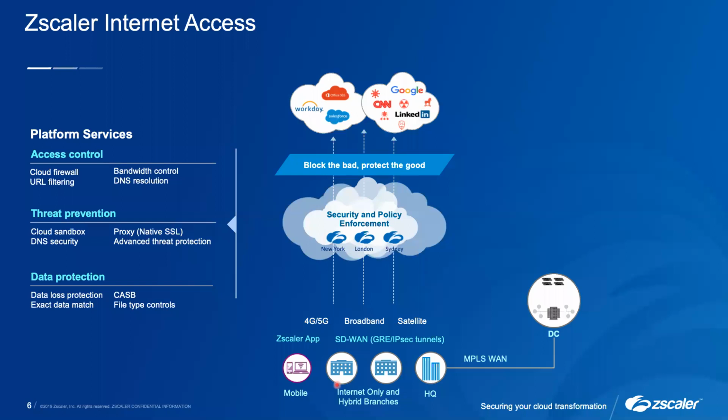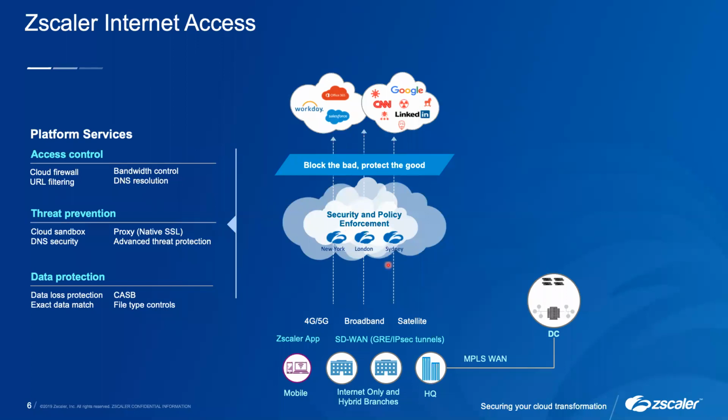All traffic goes through the Zscaler Internet Access platform, and we have full visibility into all your traffic. Using that, we are able to provide you full inline security: cloud sandbox, DNS security, data protection, and policy enforcement, like legal liability websites should not be allowed, and so on.